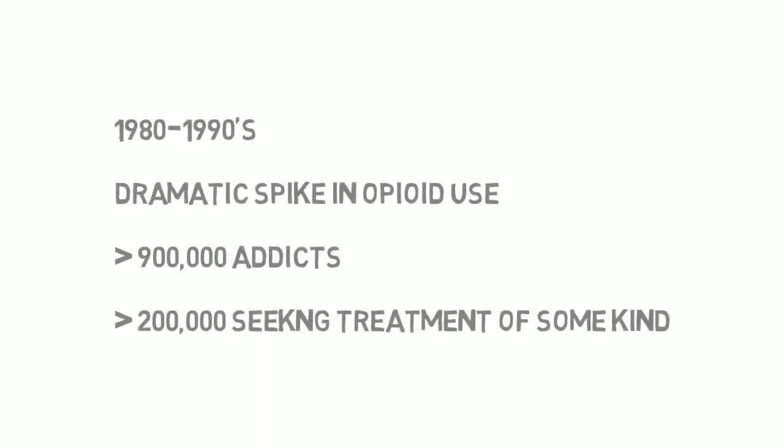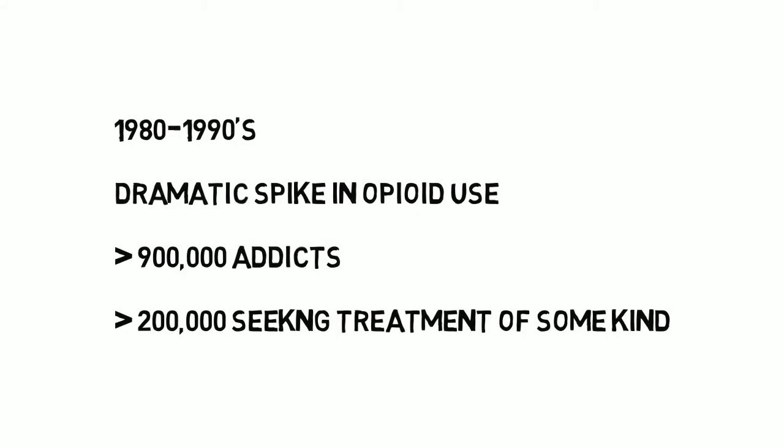During the 1980s to the 1990s, there was another dramatic spike in opioid use. At this point, there were probably 900,000 to a million addicts identified, and at any given time, 200,000 of those were actively seeking treatment.